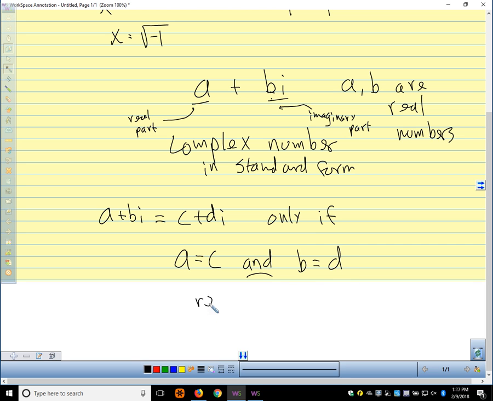So we're saying the real parts are equal and the imaginary parts are equal. That's how we know when complex numbers are equal: the real parts have to be equal, and the imaginary parts have to be equal.